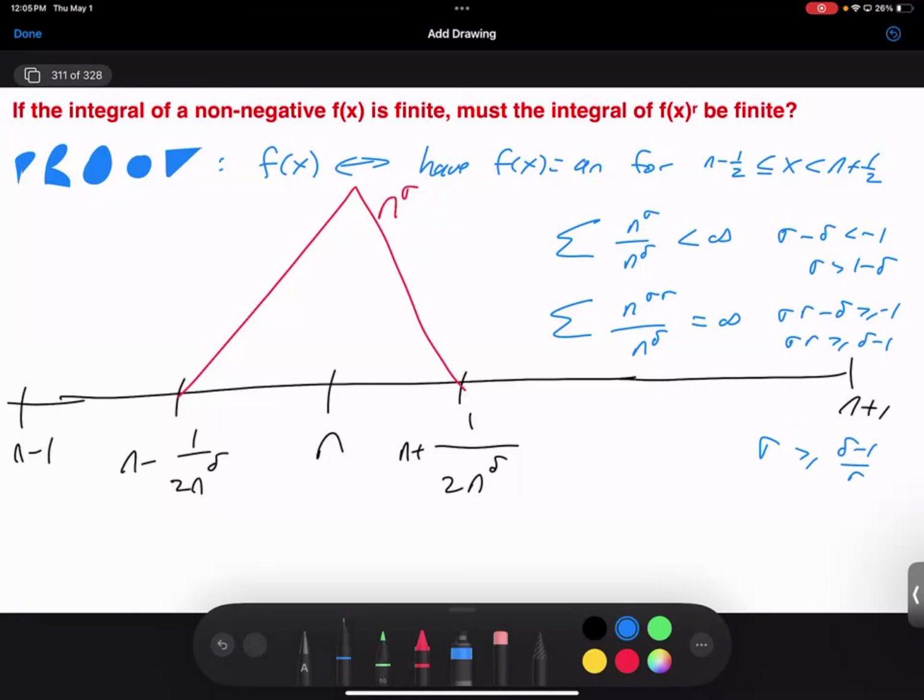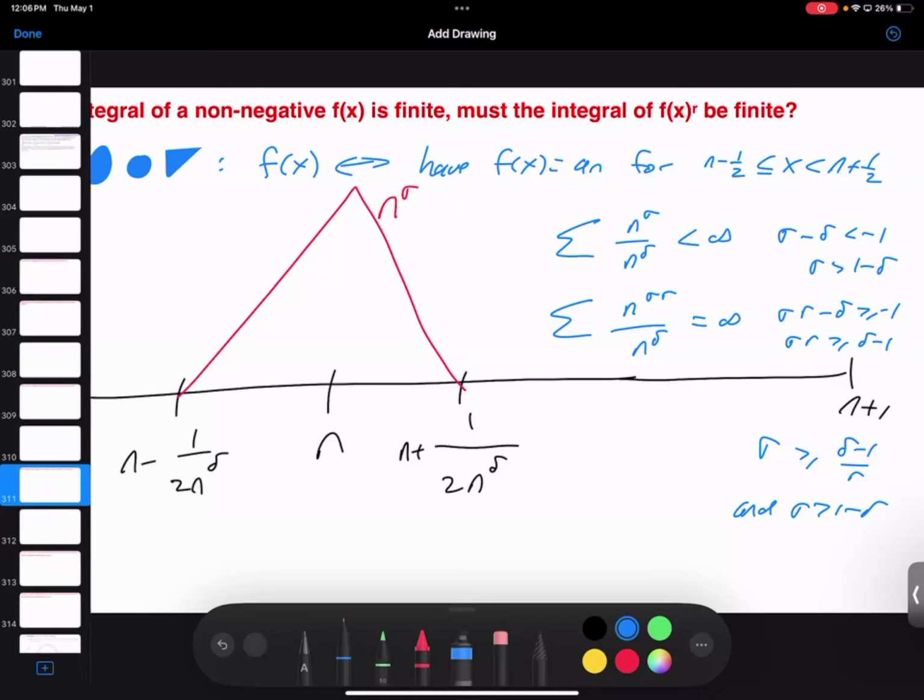But I also need sigma to be greater than 1 minus delta. So I need to play games like this to make sure both of these happen. But I can construct things so that a function has a finite integral, its integral squared is finite, its integral cubed is finite. You know, all that's going to be okay.